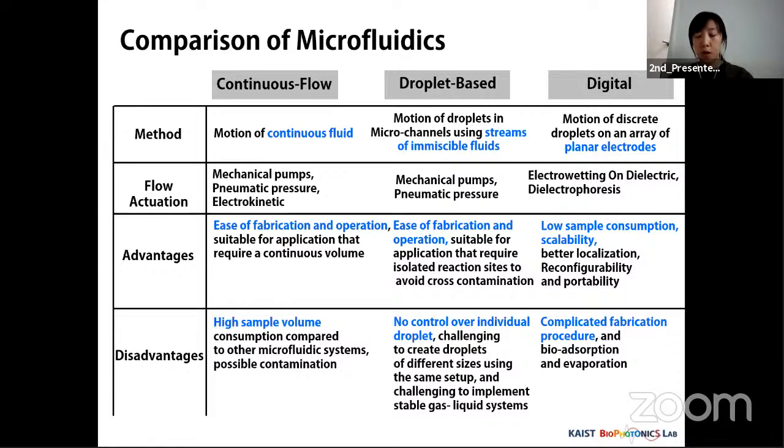This is easy to fabricate and operate, but it is difficult to control each droplet. Digital observes the movement of liquid droplets due to the electrode. It has low sample consumption and good portability. However, the manufacturing process is complex. It is a disadvantage.